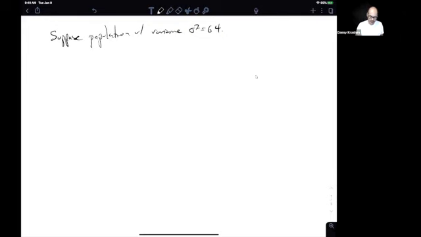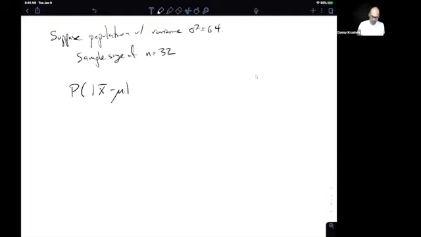So we take a sample, let's say with sample size n equals 32. Then we might ask, as a warm-up, what's the probability that our sample mean is within 2 of the population mean?